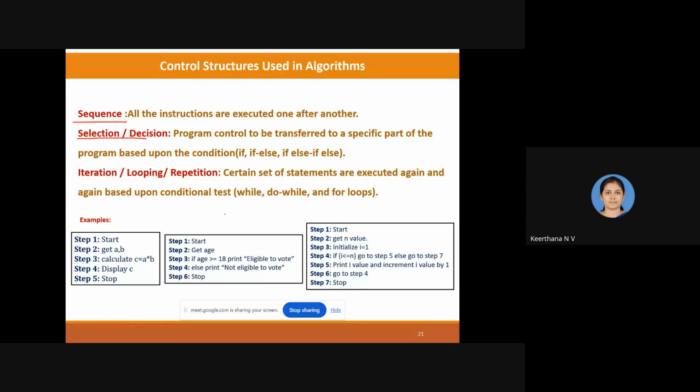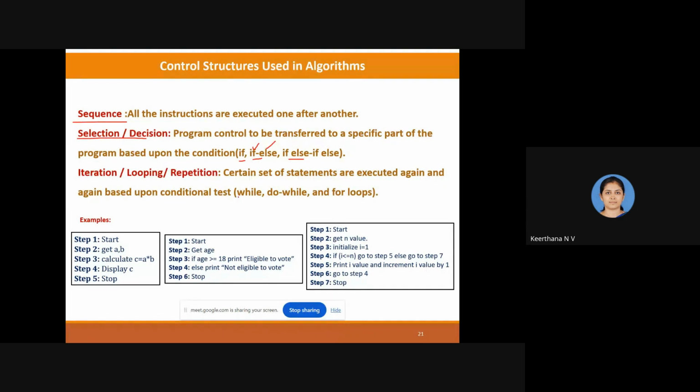Second one is selection or decision. These selection or decision statements include if, if else, and like that, which is called a nested if. If means you are using a condition, and if else means you will be using either this or this. Next one is iteration, looping, and repetition.